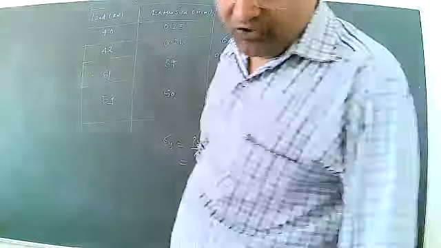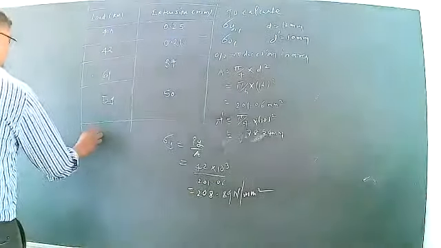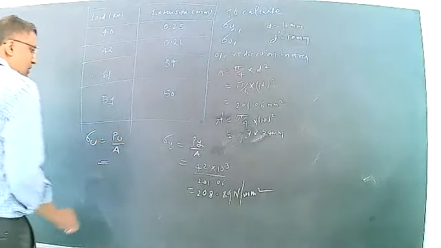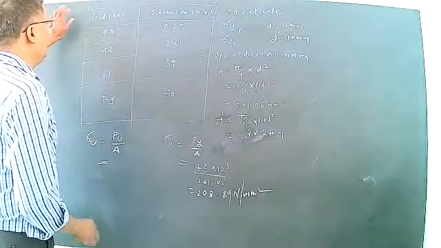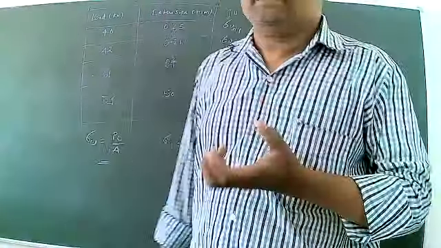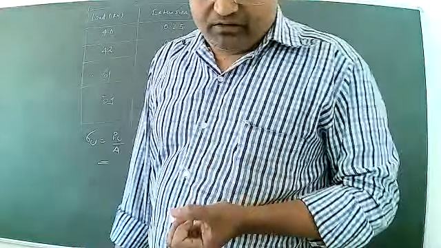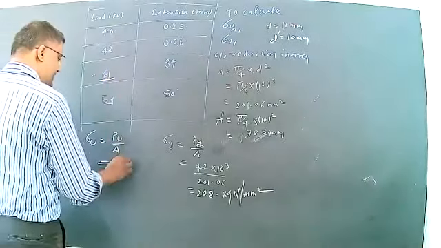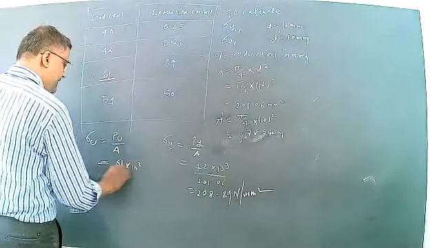Then sigma u, you calculate sigma u, that is equal to Pu upon A. Pu is the ultimate tensile load or maximum load. Here the maximum load is 61 into 10 raised to 3.